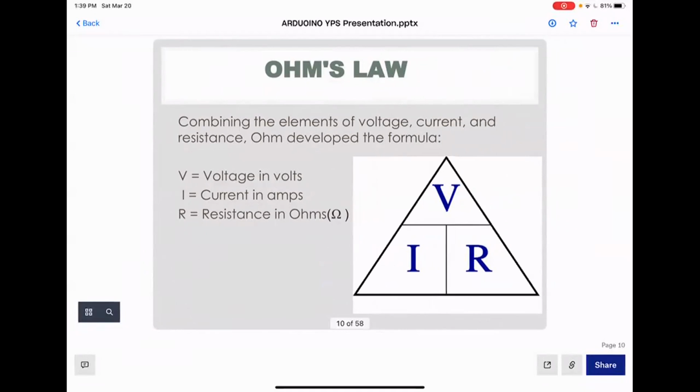Voltage equals I times R, and I equals V over R. This is a little cheat sheet, so you can just look at this triangle and see how you calculate it. It's pretty simple math. Hopefully nobody has questions. Just let me know if there are questions.